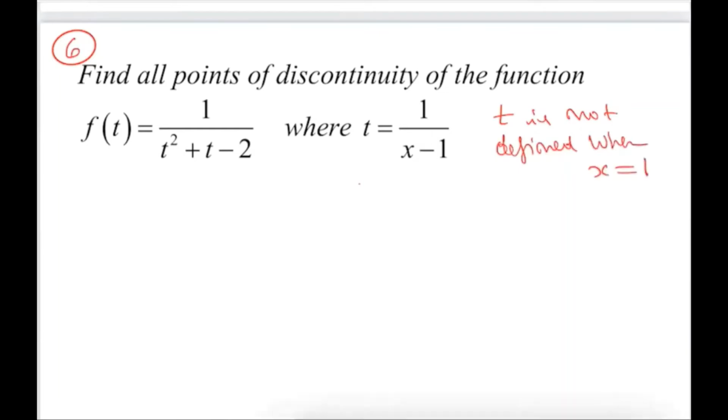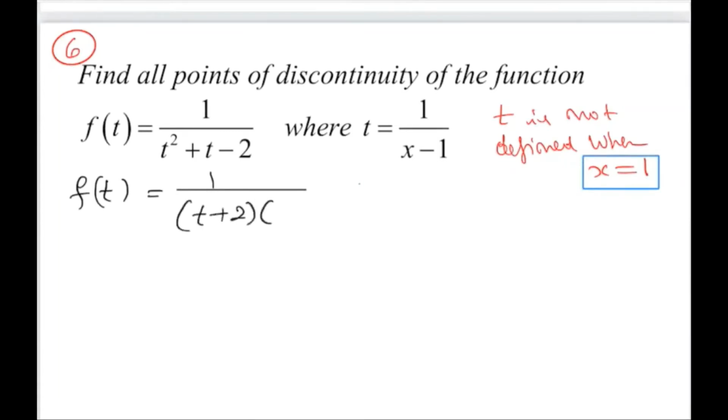So one point of discontinuity we got, that is x equal to 1. Now we shall find f of t. So f of t, you can write it as 1 over factors of t square plus t minus 2, that is t plus 2 times t minus 1.